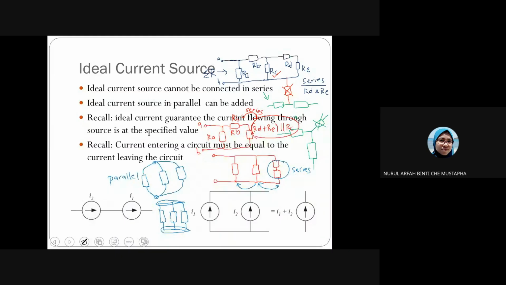And then what about RA? Yeah, it is parallel with the whole thing here. So in terms of equation, you can write down RA parallel with the whole thing, and RB in series, right? With the whole thing.